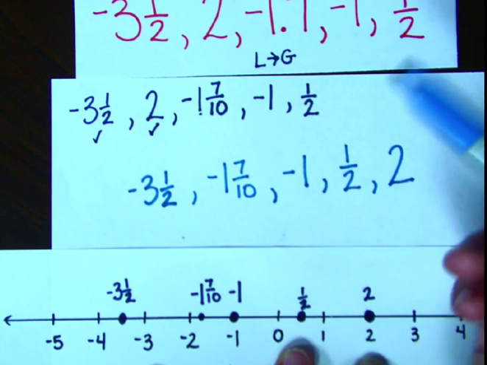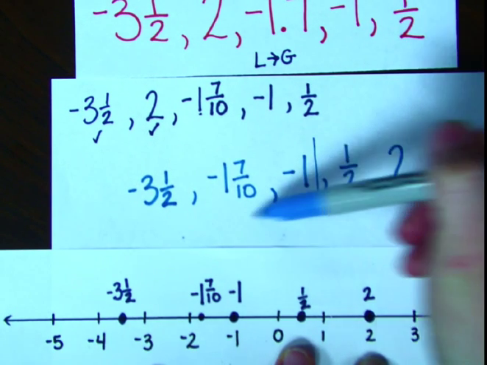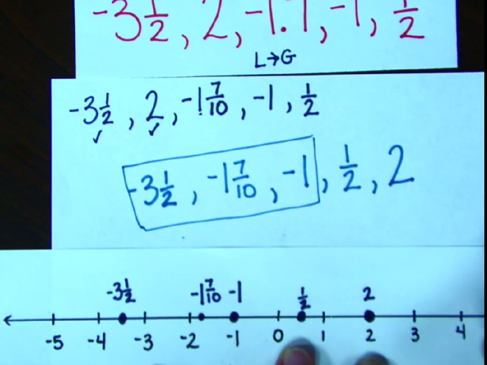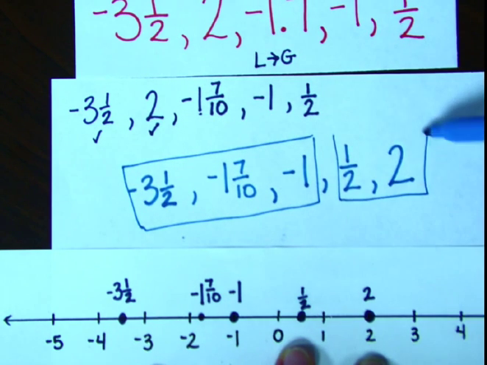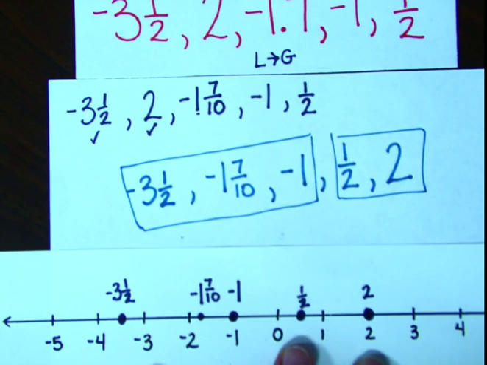Least to greatest. If you notice, all the negative numbers are on this side, and all the positive numbers are on this side. You should have that if you're going least to greatest. The negatives should all be together, and the positives should all be together.